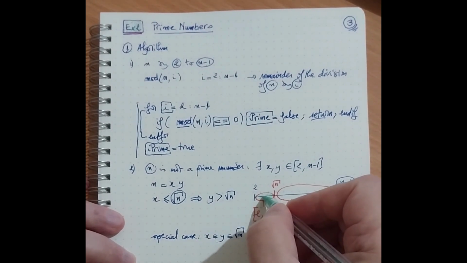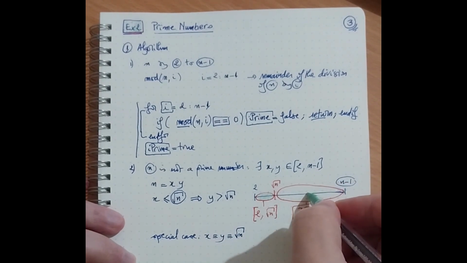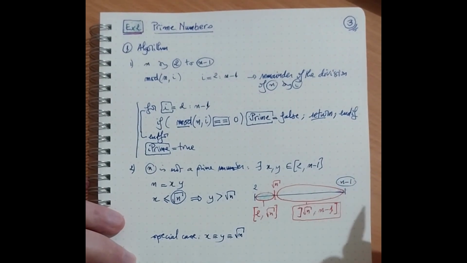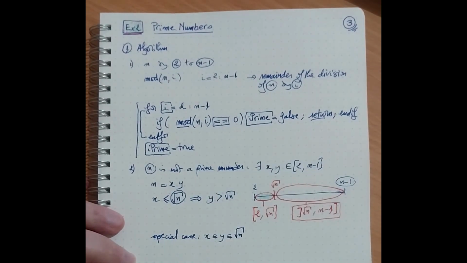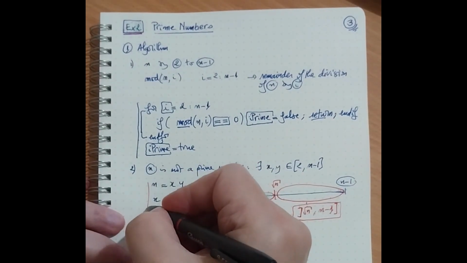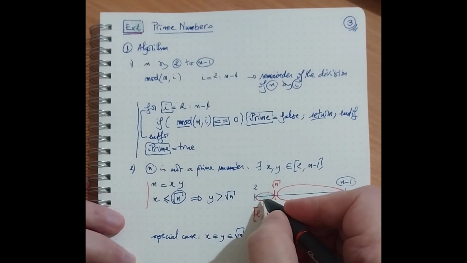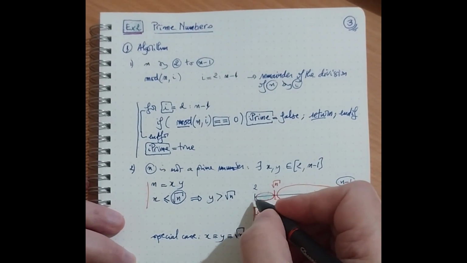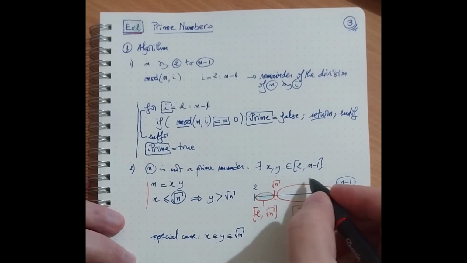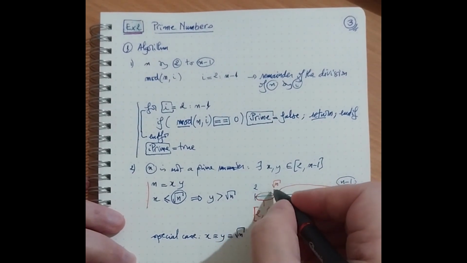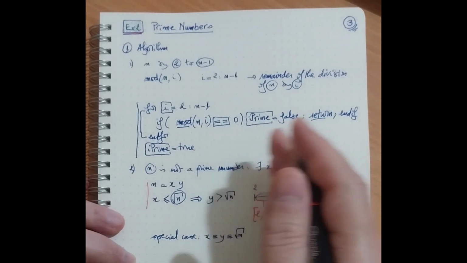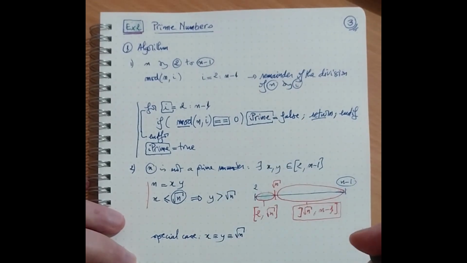If x is not here, then y also is not here, and hence there is no divisor, because this is a theorem. If one divisor belongs to this set, then automatically the other belongs to the other subset. The square root of n separates the two divisors.